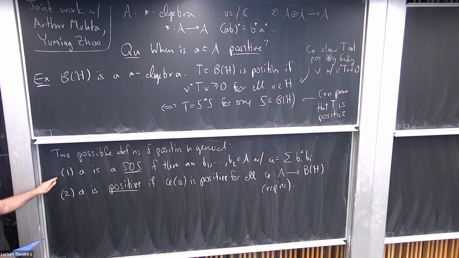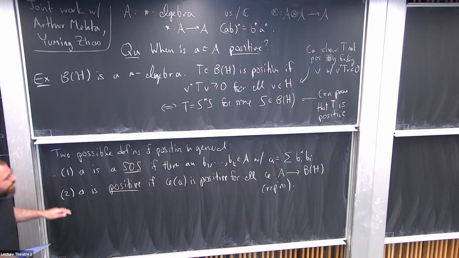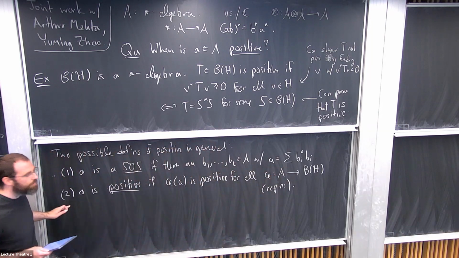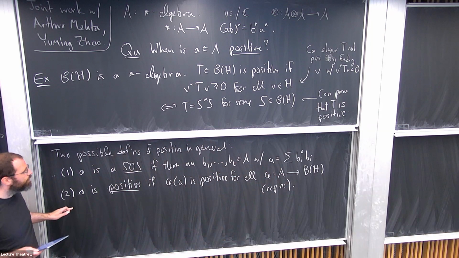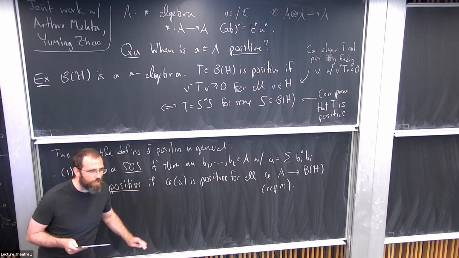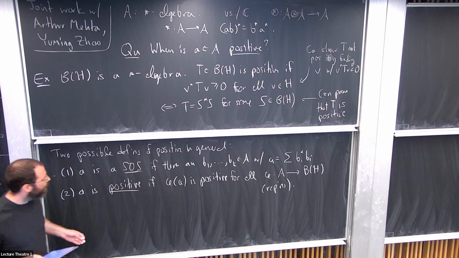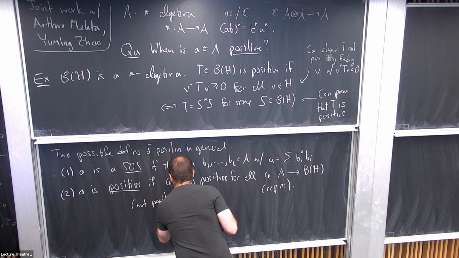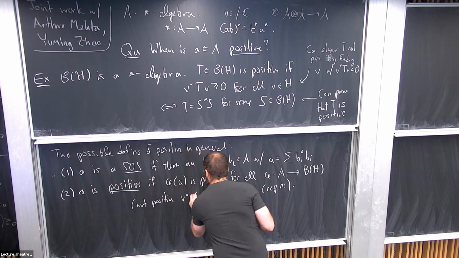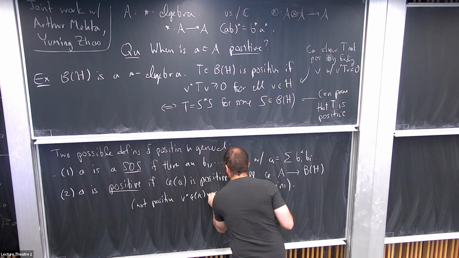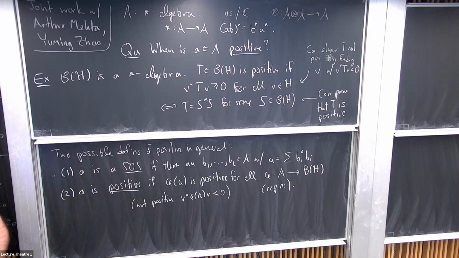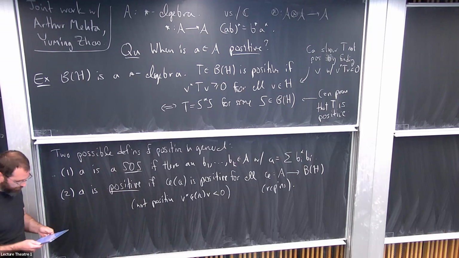For being SOS, we can show that something is SOS by actually finding a sum of squares, and we can show that something is not positive by finding a representation and then a vector in that representation such that V star phi of A V is less than 0 for some phi and V. And that may not be a practical problem depending on what our spaces are.